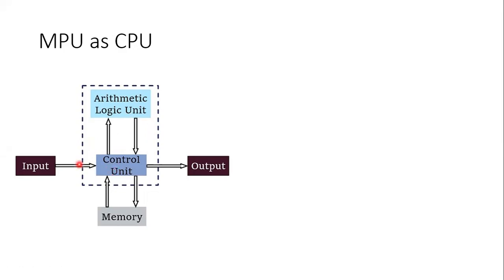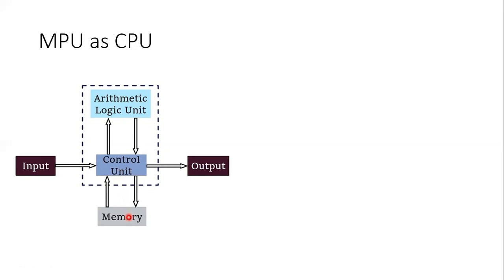Then outside, two devices are connected: the input devices and the output devices. The control unit controls all the activity, that is, it provides the control signals. Suppose the inputs are received; that is done by the control unit, then it may be transmitted to the memory.